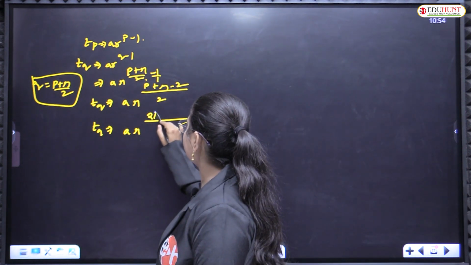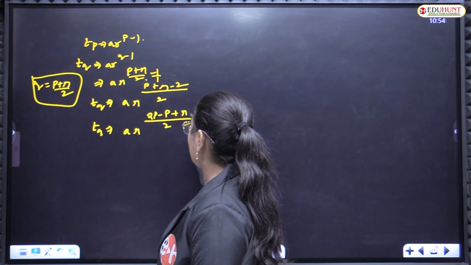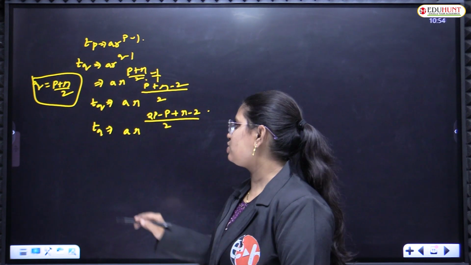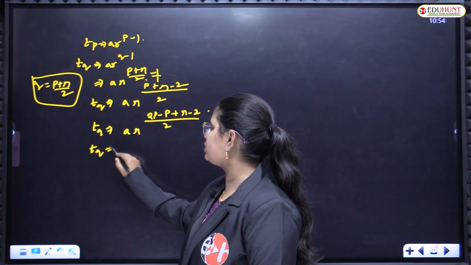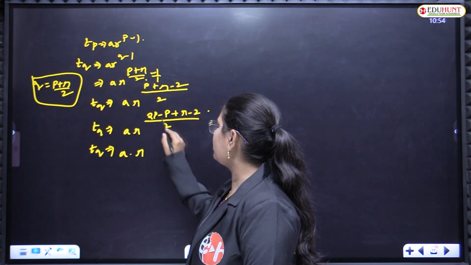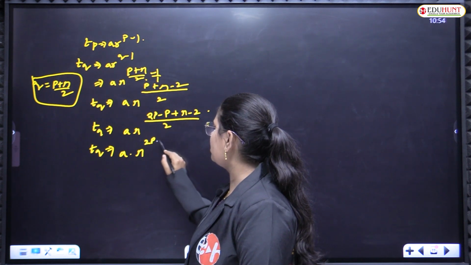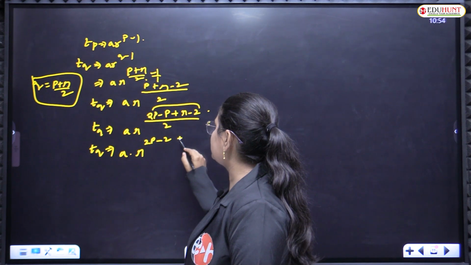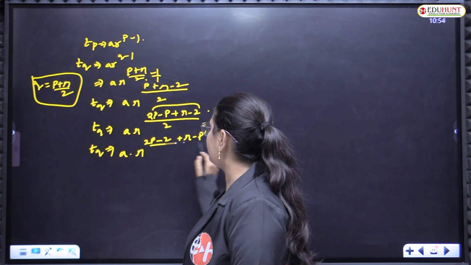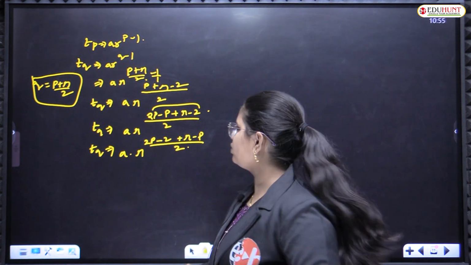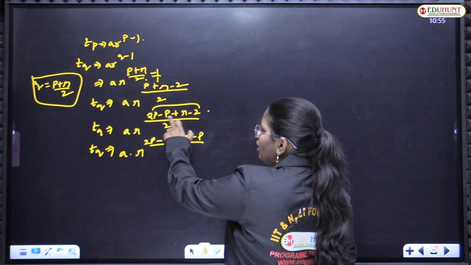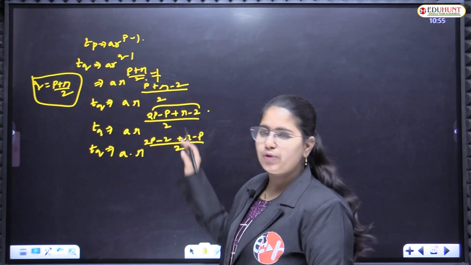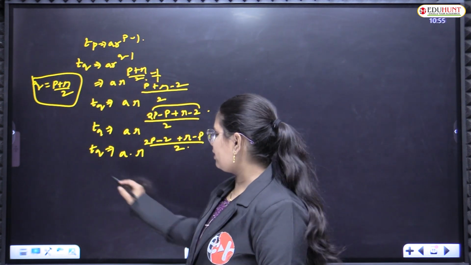So 2P minus P plus R minus 2. Next, TQ is equal to A into R to the power of 2P minus 2 together, I rearrange like this, plus R minus P by 2. Understood? I just rearranged: 2P minus 2, minus P plus R can also be written as R minus P, right? I hope everybody is clear up to this.